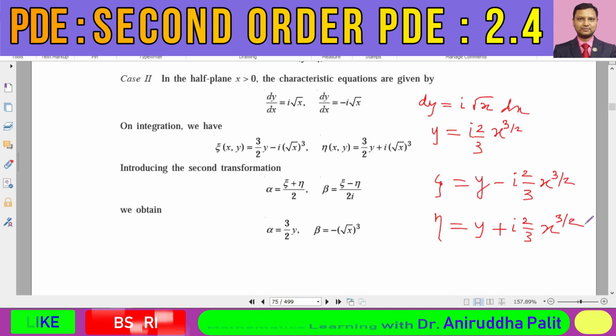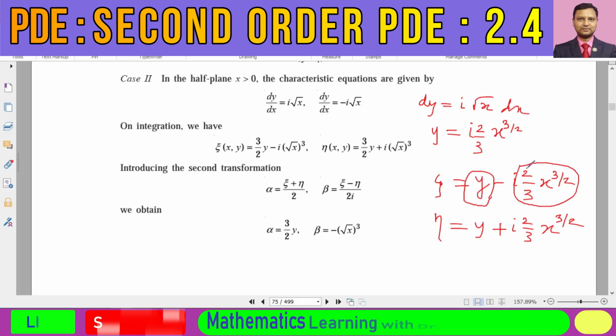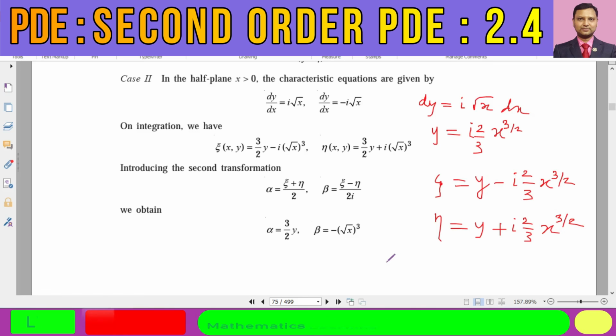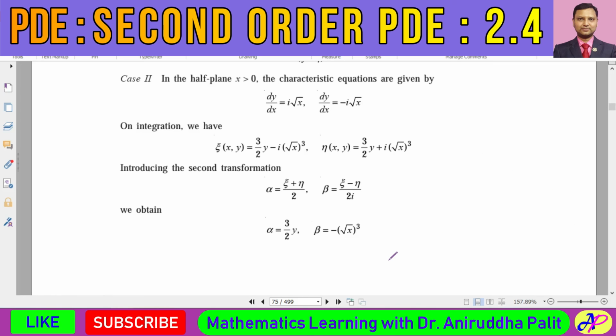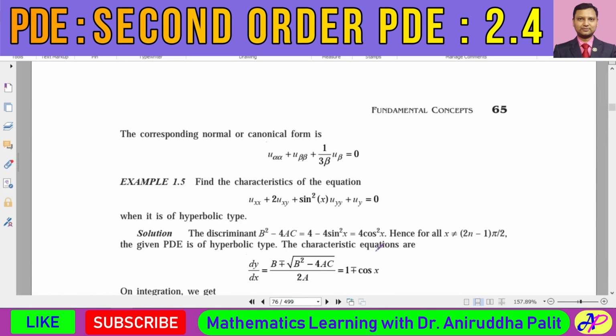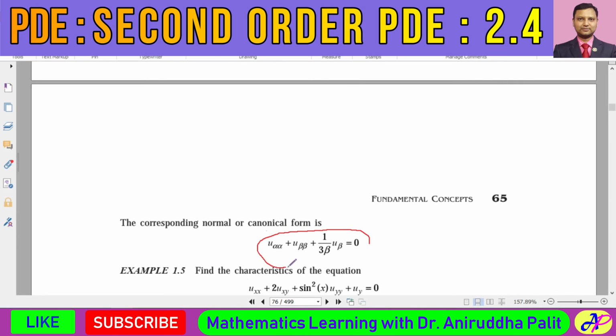This is my advice. Don't make it complicated. So that this real part would be equal to alpha, and this imaginary part 2 by 3 into x to the power of 3 by 2 would be equal to beta. So in this way we can compute the expressions of alpha and beta, and finally by this kind of computational process we can convert the given partial differential equation into its corresponding canonical form or normal form.